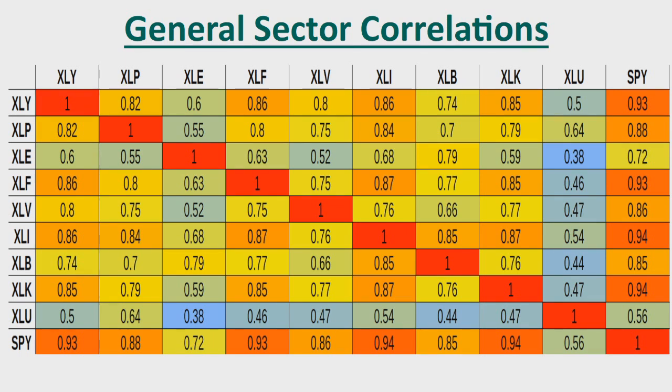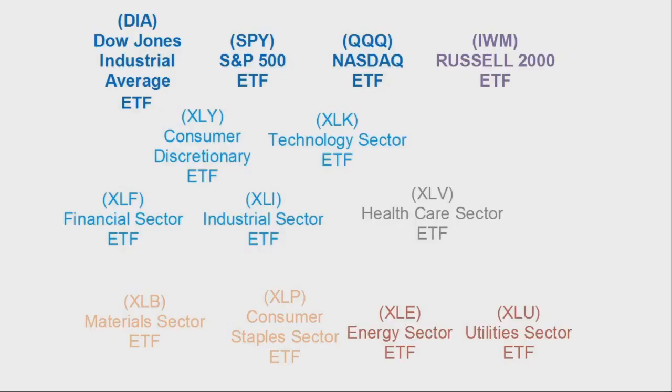Immediately, you will notice that XLY, XLF, XLI, and XLK have the highest correlations to the SPY, the broad stock market. Recall that earlier, these 4 sectors were grouped together in the light blue: industrial, financial, consumer discretionary, and technology.